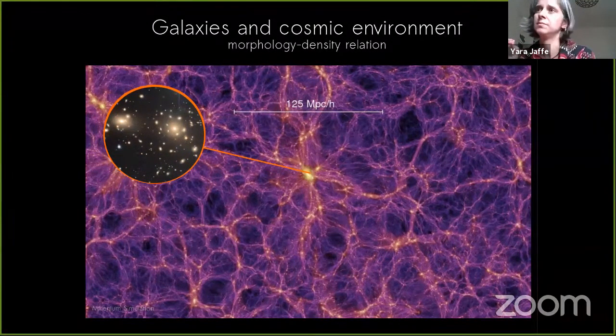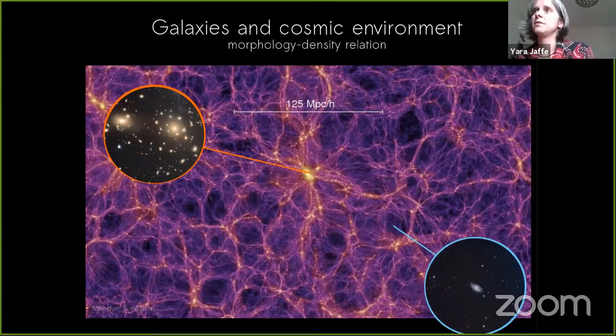If we go to the emptiest regions of the cosmic web, we're going to find galaxies that are very different to the ones that we find in clusters. We find galaxies that are spiral, that have a disk morphology, and are forming a lot of stars, okay?